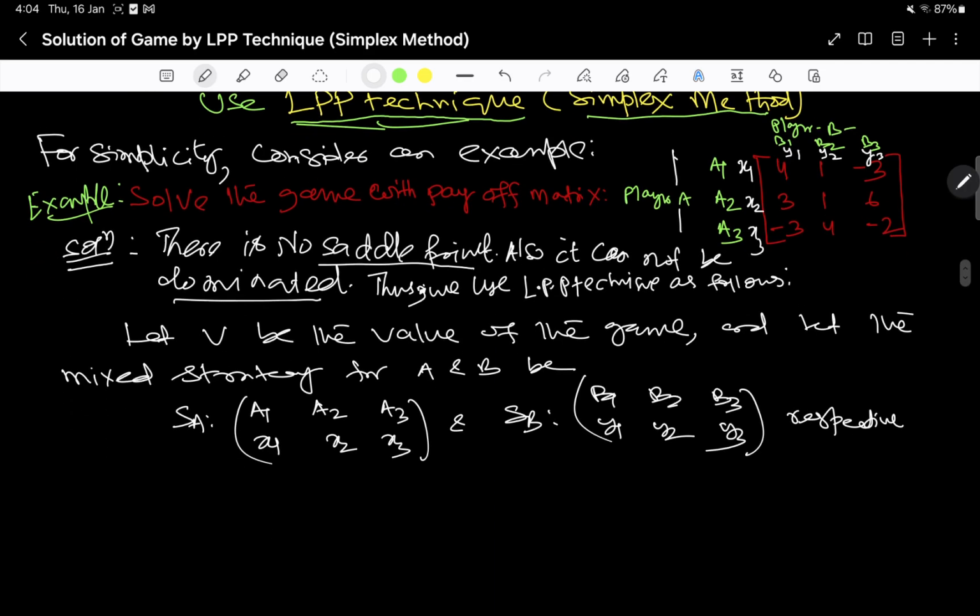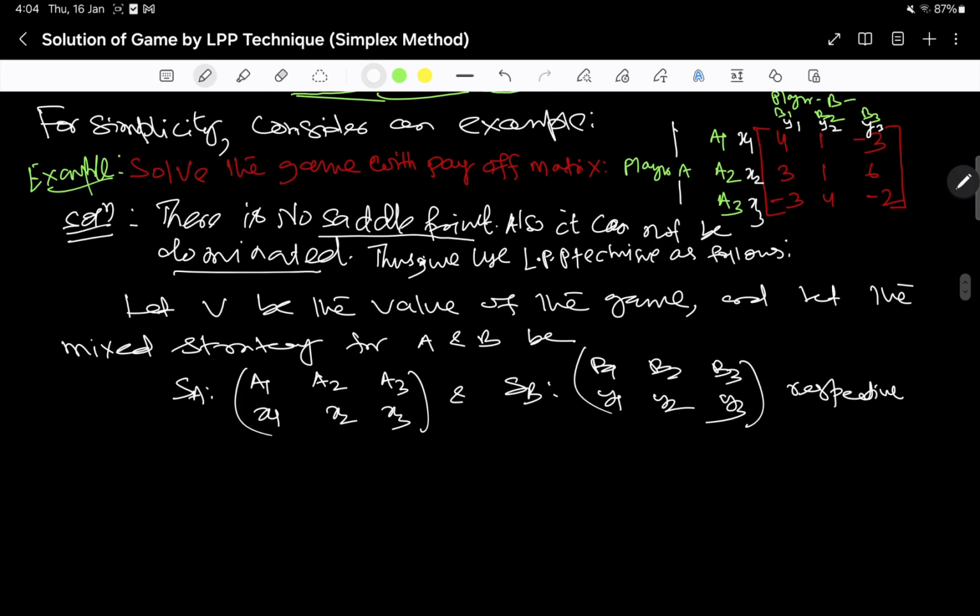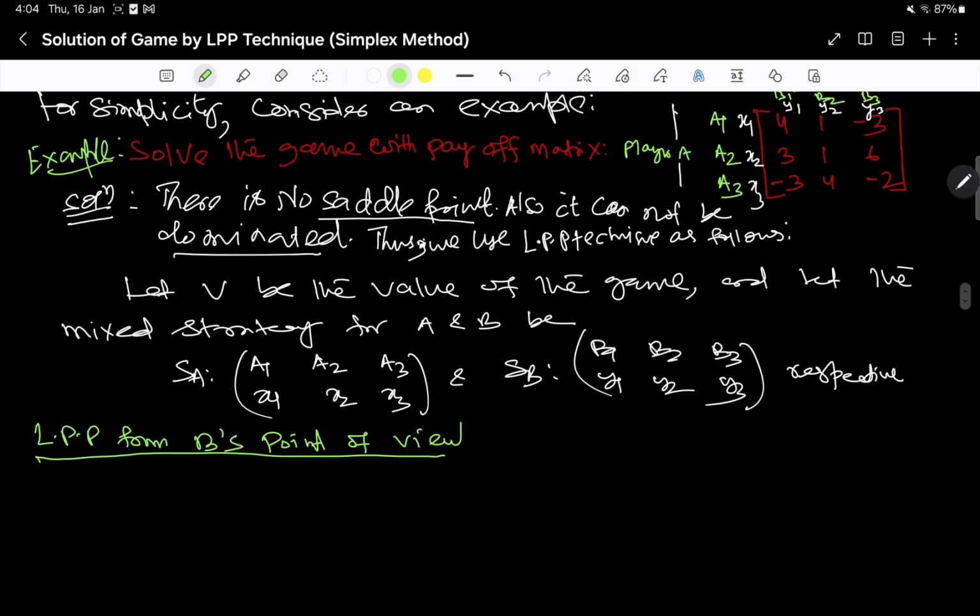Now we form the LPP from the viewpoint of A and B, right? From B's point of view, what is the goal of B?